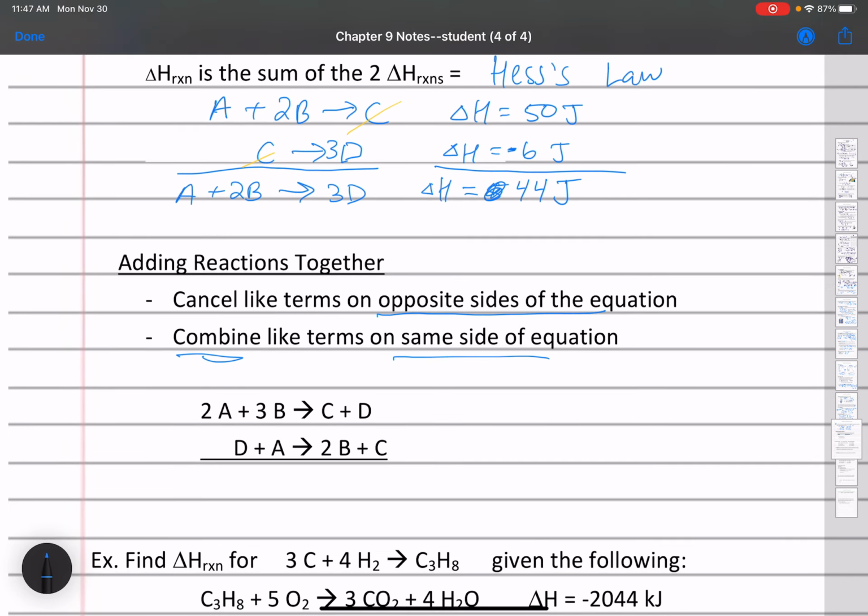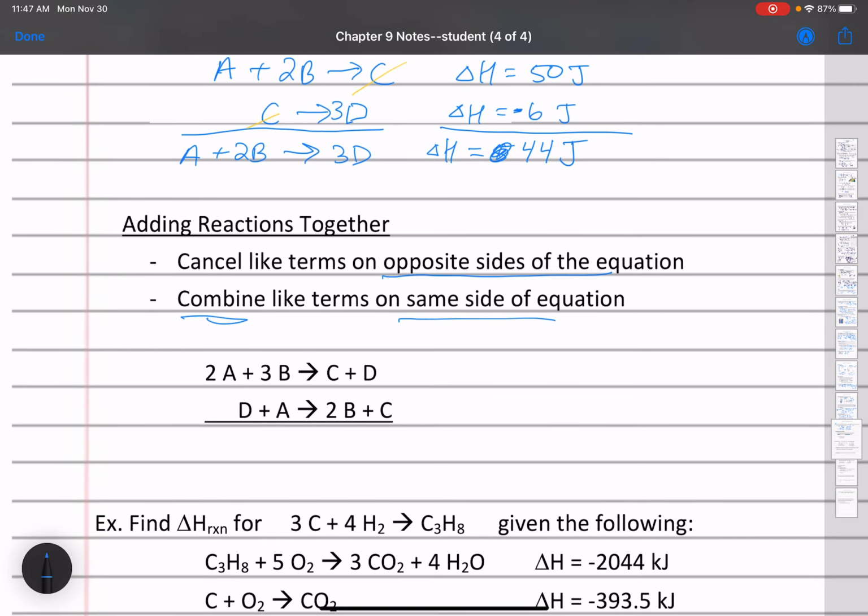So I have a little setup here. 2A plus 3B reacts to form C plus D, and then D plus A reacts to form 2B plus C. So the first thing I want to do is cancel like terms on opposite sides of the equation. So I've got D on this side and this side, so those will cancel out. And I've got 2B and 3B. So these 2B will cancel out with 2 of these, which will leave us with 1B left.